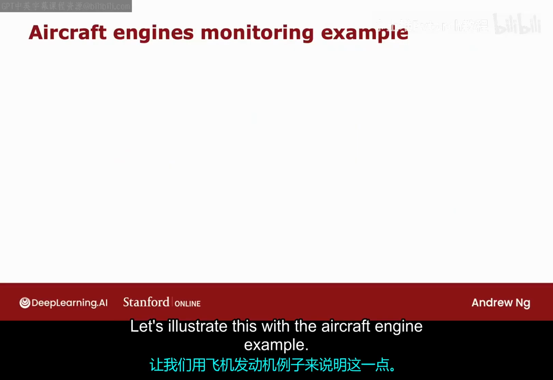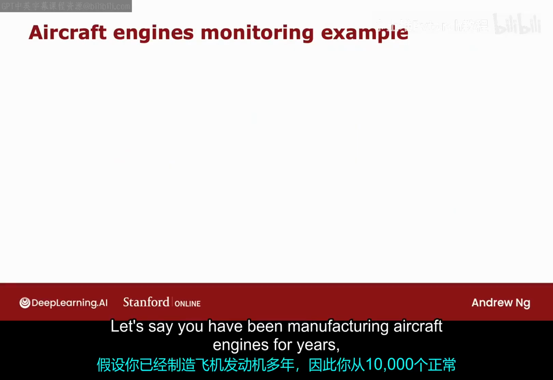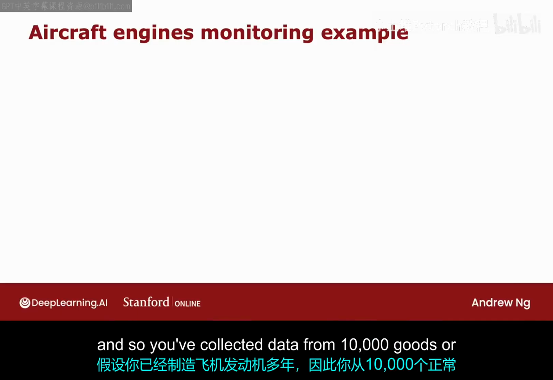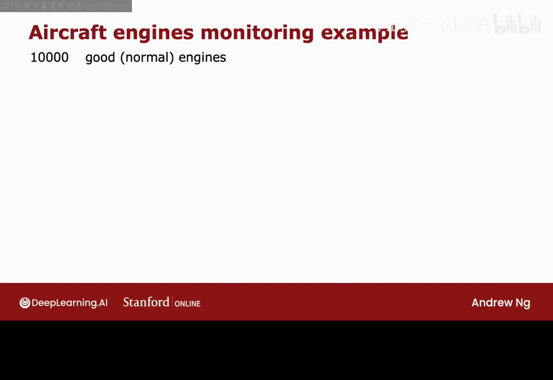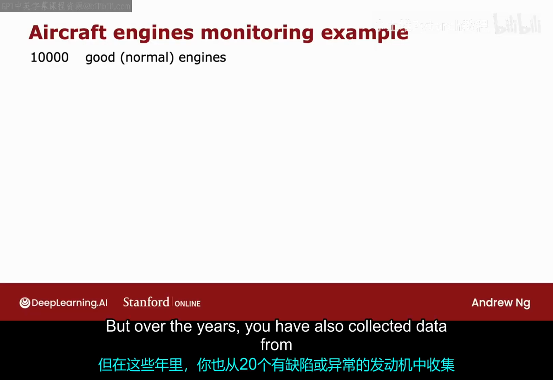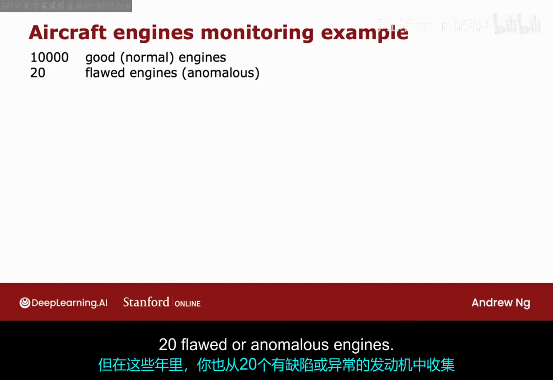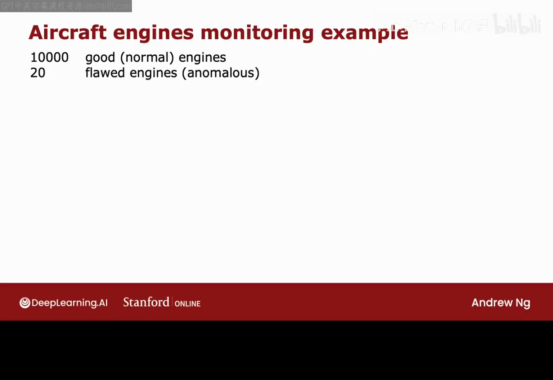Let's illustrate this with the aircraft engine example. Let's say you have been manufacturing aircraft engines for years, and so you've collected data from 10,000 good or normal engines. But over the years, you had also collected data from 20 flawed or anomalous engines.